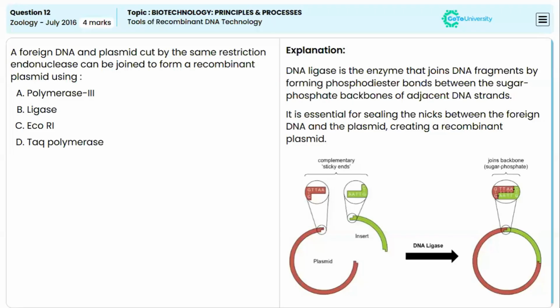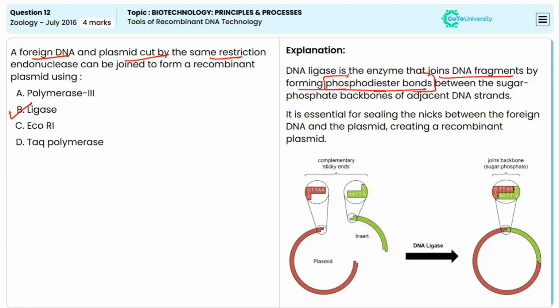Now, next question. A foreign DNA and a plasmid cut by the same restriction endonuclease can be joined to form a recombinant plasmid by which enzyme? Yeah, the correct answer is option B, ligase. Ligase is the enzyme that joins the DNA fragments by forming phosphodiester bonds.